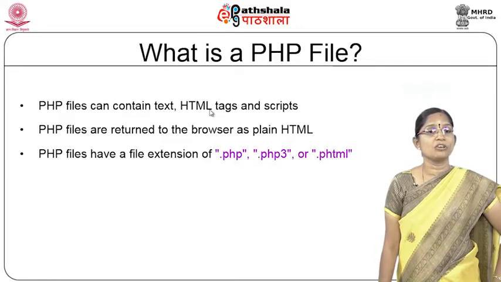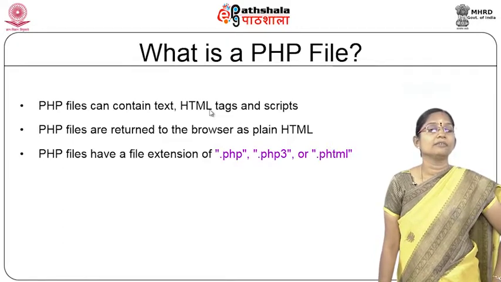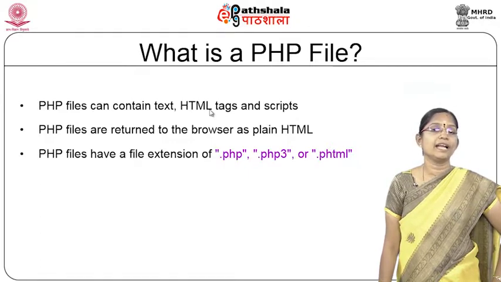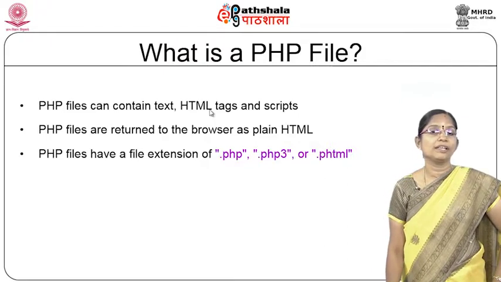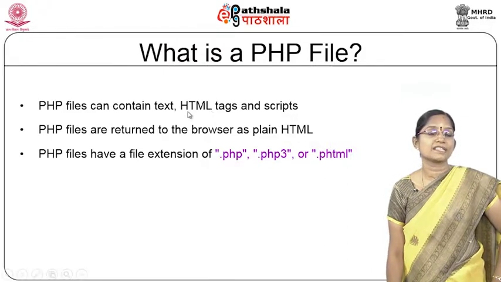Once the processing is over, the output files are returned to the browser as plain HTML. Now the browser receives this file and displays the output. The PHP files may have various file extensions like .php, .php3 or .phtml. We can use any one of the extensions.